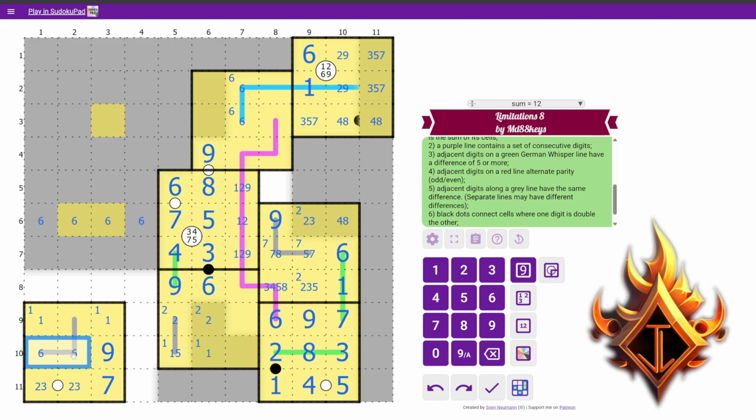Oh, a 3 can't go. Oh, a 3's right there. JK. 8. It could be 8, 6, 4 though. And 8 could still go on this line. Then it would be 7, 5.